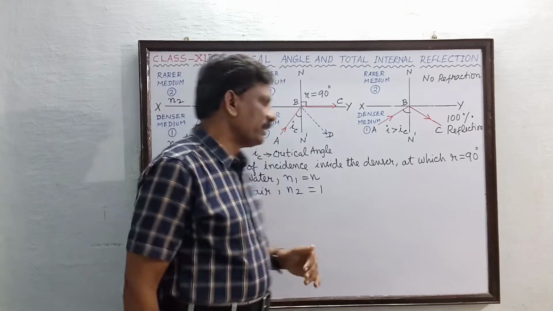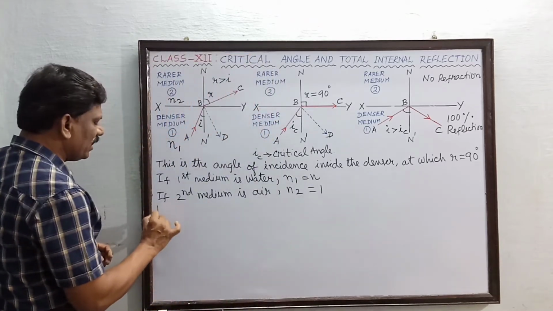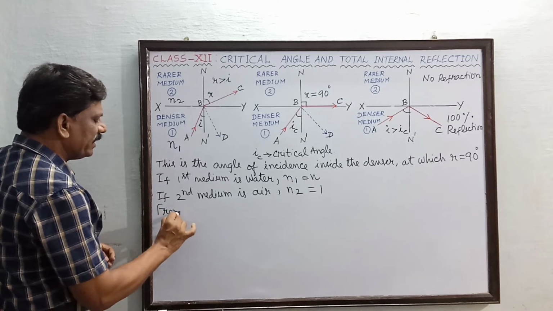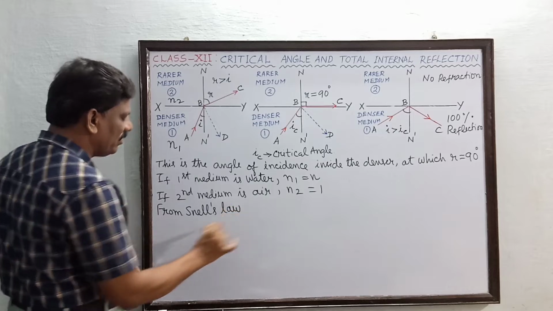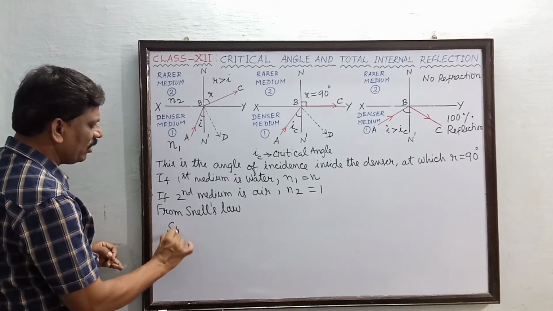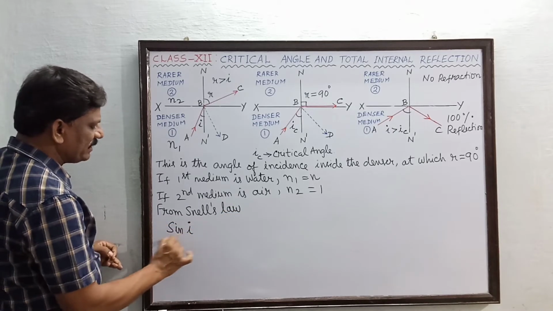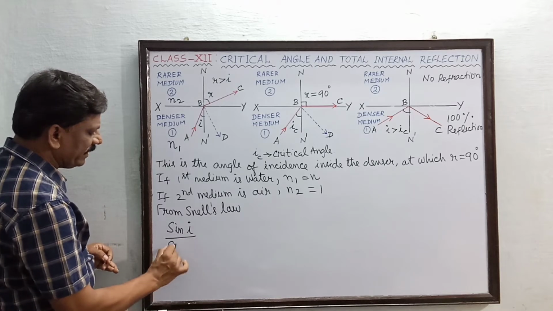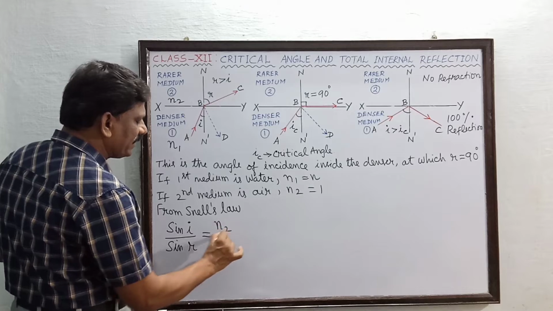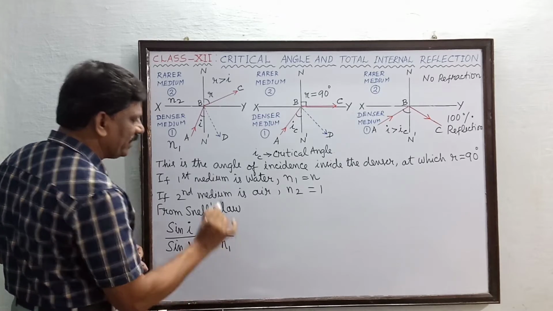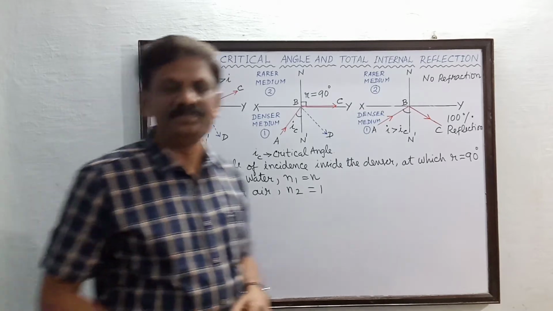Understand that? Now from Snell's law of refraction, sine of the angle of incidence divided by sine of the angle of refraction is equal to the refractive index of the second medium divided by the refractive index of the first medium.